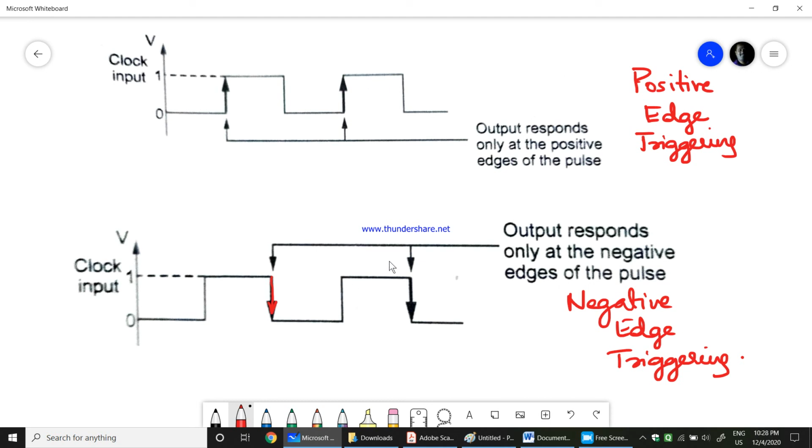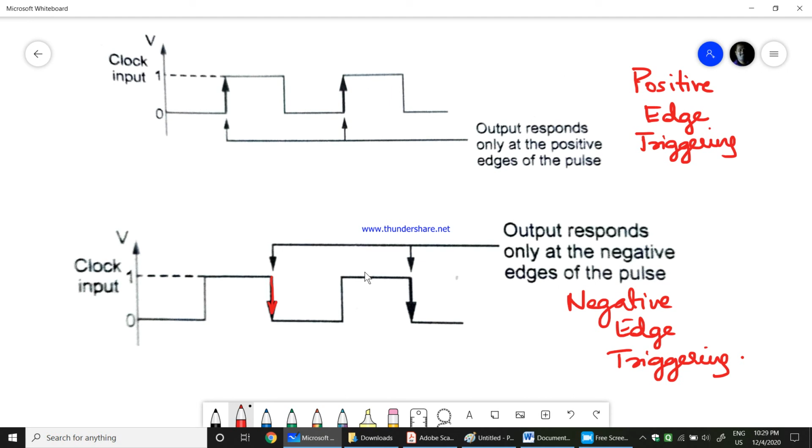So this video had a discussion on an introduction to flip-flops, latches and memory elements. Then we saw the bistable element and how it is used as a latch or memory element. Then we saw the difference between combinational and sequential logic circuits.